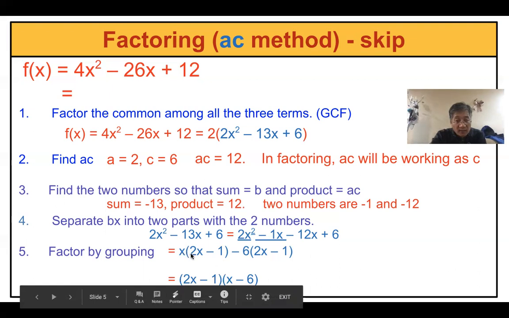Because 2x minus 1 is common, take it out as a factor, and then in the parentheses, you put this x and minus 6. And you are done. How was it?